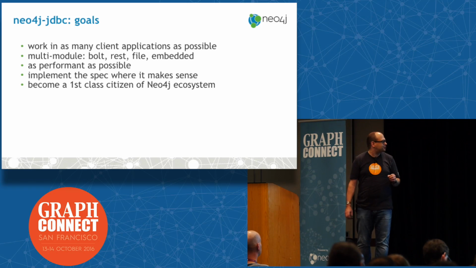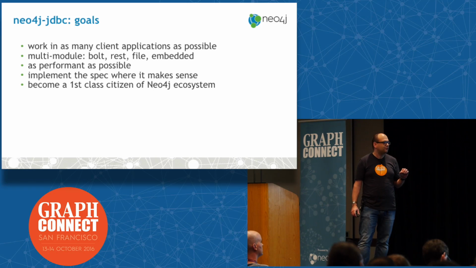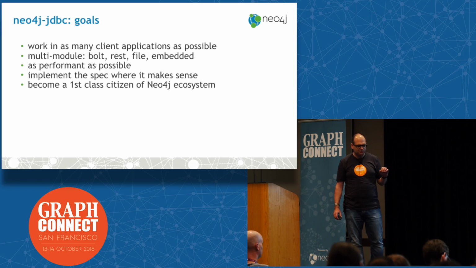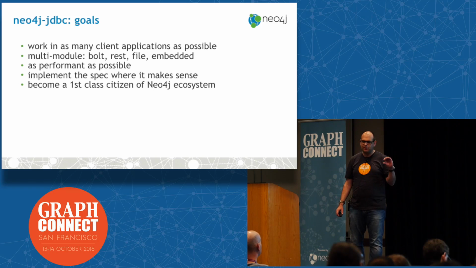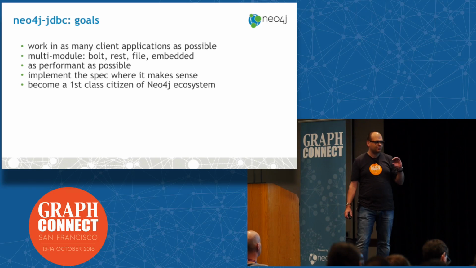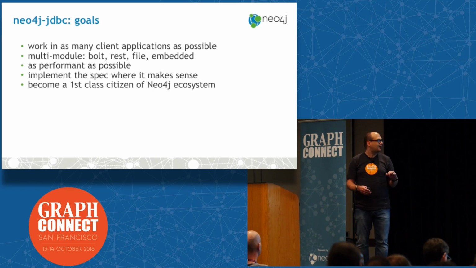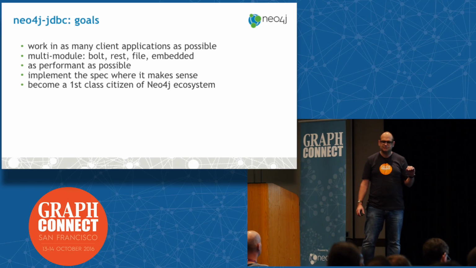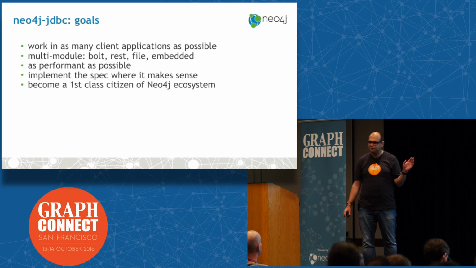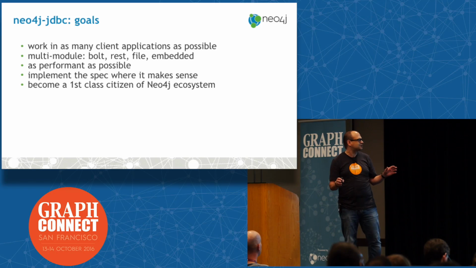The second goal was to have a multi-module way of doing that. So we should be able to let the JDBC driver talk Bolt, or talk HTTP, or work file-based, where the JDBC driver spawns the database internally. Or even embedded, using the test graph database service which runs mostly in memory for testing purposes with small data sets.